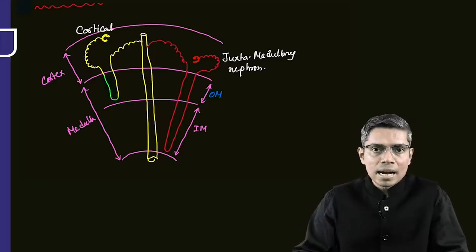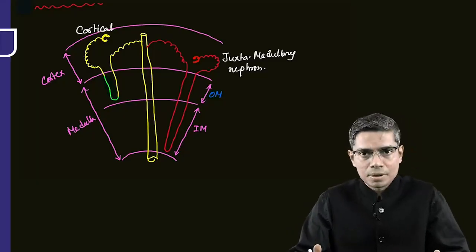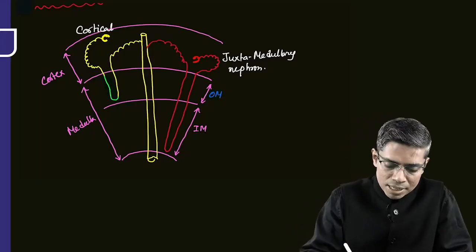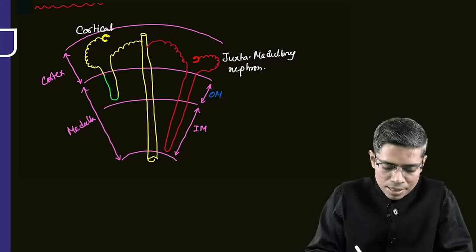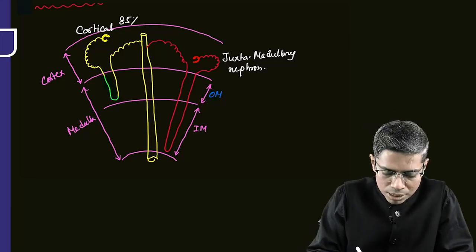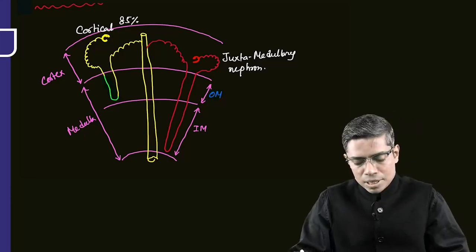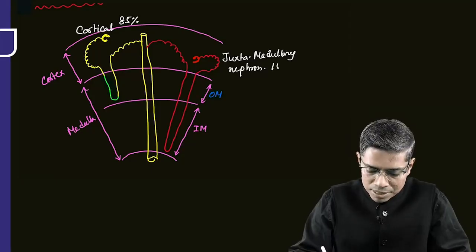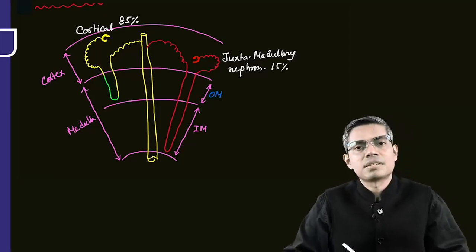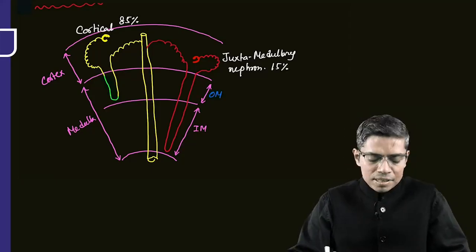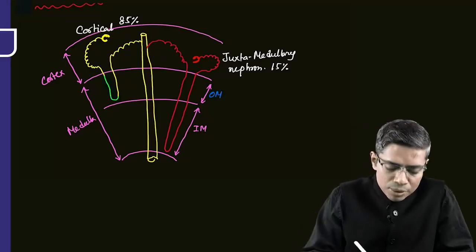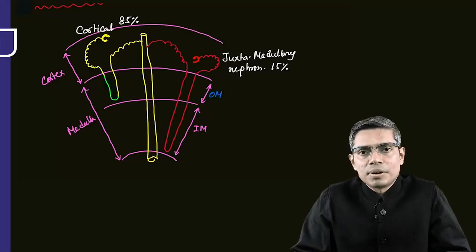Now if you look at the numbers of these two types of nephron, cortical nephrons are the major one. 85% of the total nephrons in the kidney are cortical nephrons, and 15% of the total nephrons are juxtamedullary nephrons. Now obviously the question will arise: why do you require two types of nephron, right?